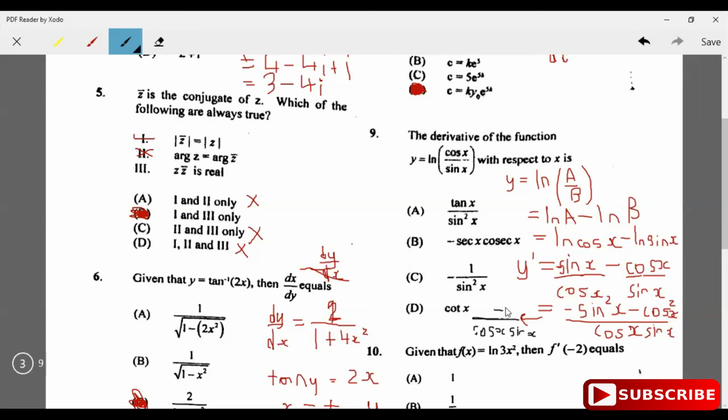We have minus 1 over cos x sine x. That is option B. This sec x is 1 over cos x, and this cosec x is 1 over sine x. You multiply them, that's what you get. So the option is B. So that's the derivative. Easy question, that's question 9.